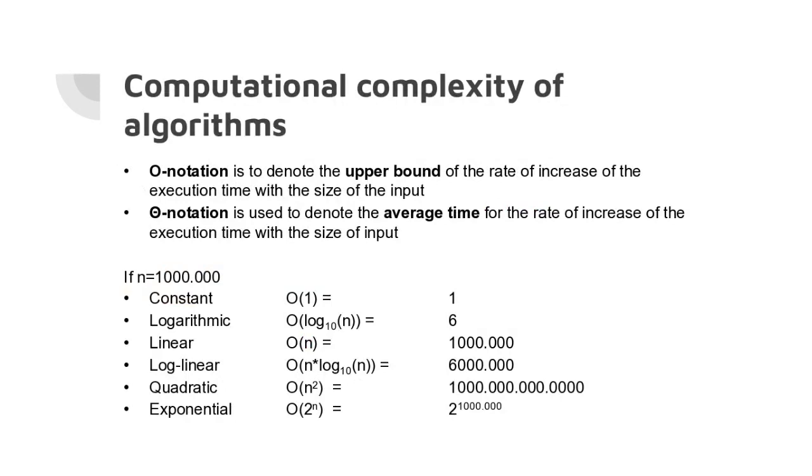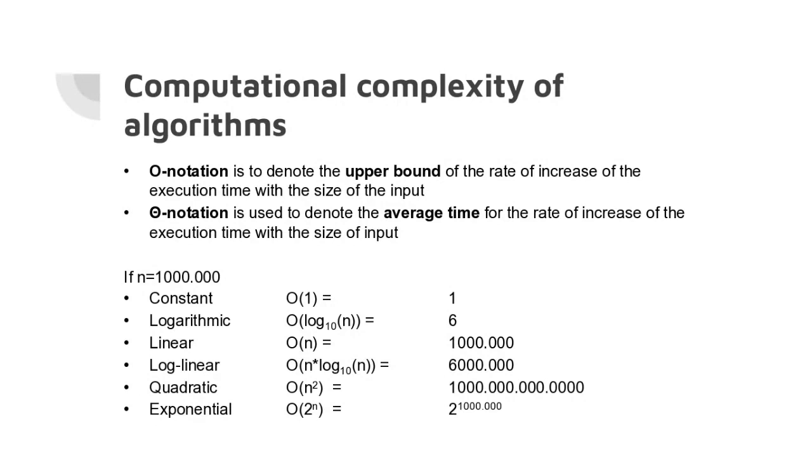Last week, we talked about the computational complexity of algorithms, and we introduced two notations, the big O notation and the delta notation, which is used to denote the average time. Both notations are applicable when the size of the input is large.